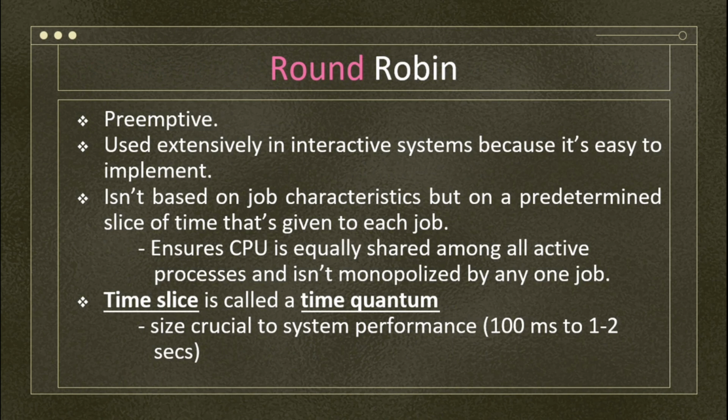It ensures CPU is equally shared among all active processes and isn't monopolized by any one job. So, si round robin, siya raw yung nag-determine and nag-make sure na naka-divide yung mga process at hindi lang sa isang CPU naka-focus yung isang trabaho.